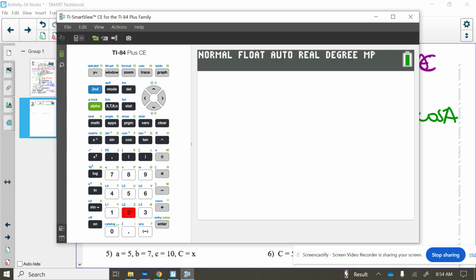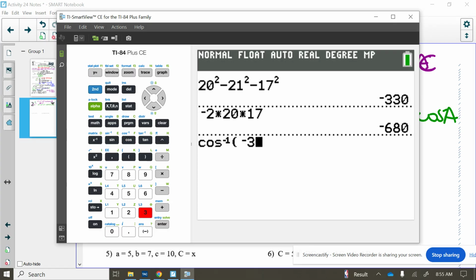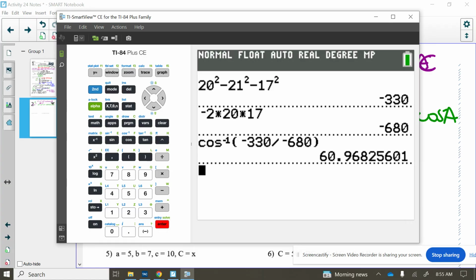We're going to start by subtracting over 20 squared minus 21 squared minus 17 squared. Negative 2 times 20 times 17 then in front of our cosine. Cosine inverse of left-hand side divided by right-hand side to give us this angle of about 6. Oops.